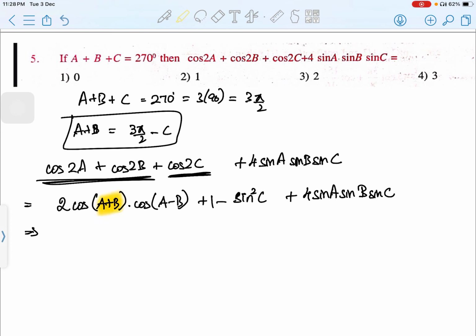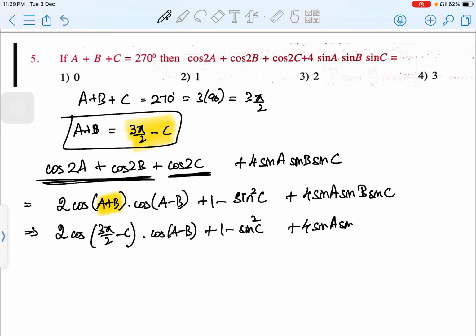Instead of this a plus b, we'll substitute 3 pi by 2 minus c. So you will have 2 times cos of 3 pi by 2 minus c into cos of a minus b plus 1 minus 2 sin square c plus 4 times sin a, sin b, sin c.